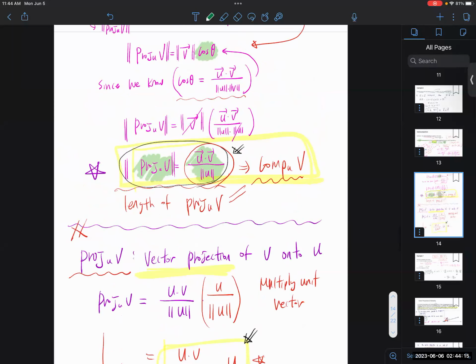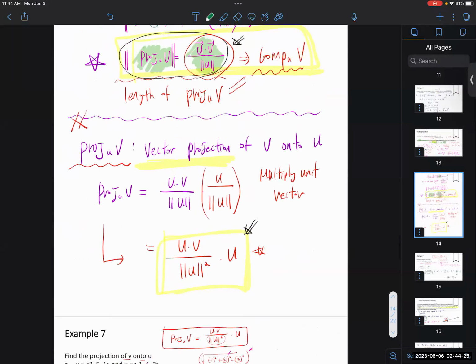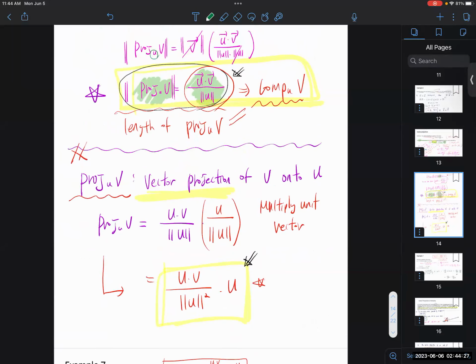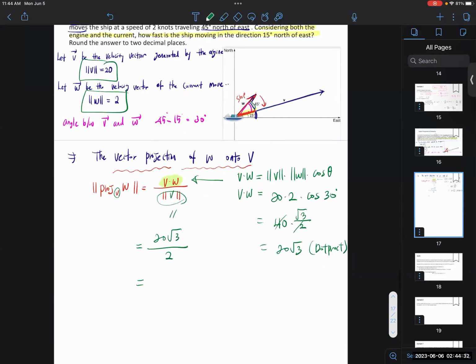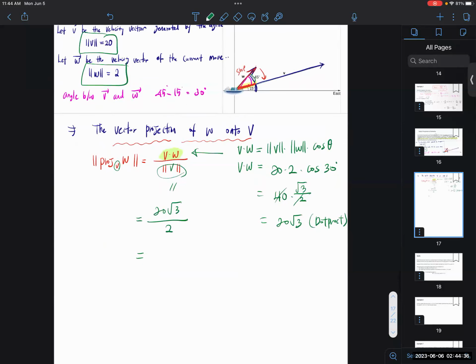In our case this is not W, this is V. We are projecting onto V, so that's why you divide by the magnitude of V. So this time it's going to be 20. So this is your length. Am I correct?